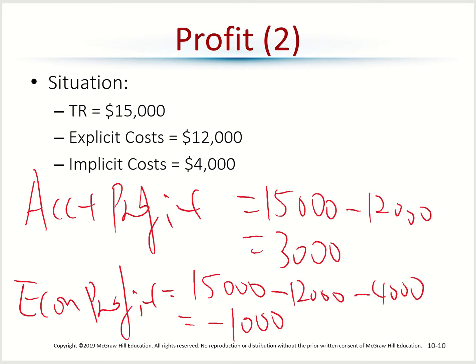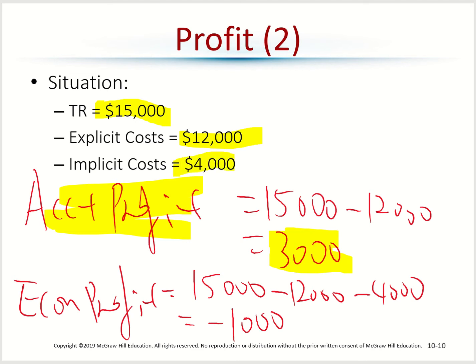For my business, every month my revenue, so how much money I'm collecting, is 15,000, and then there's how much cost I must pay out: my labor, my raw material, my rent, my utility. Every month I must pay out 12,000. So on my accounting book, I can show a $3,000 profit. But remember, in order to open a business, I must give up my day job, so I cannot teach anymore. That actually costs me $4,000.